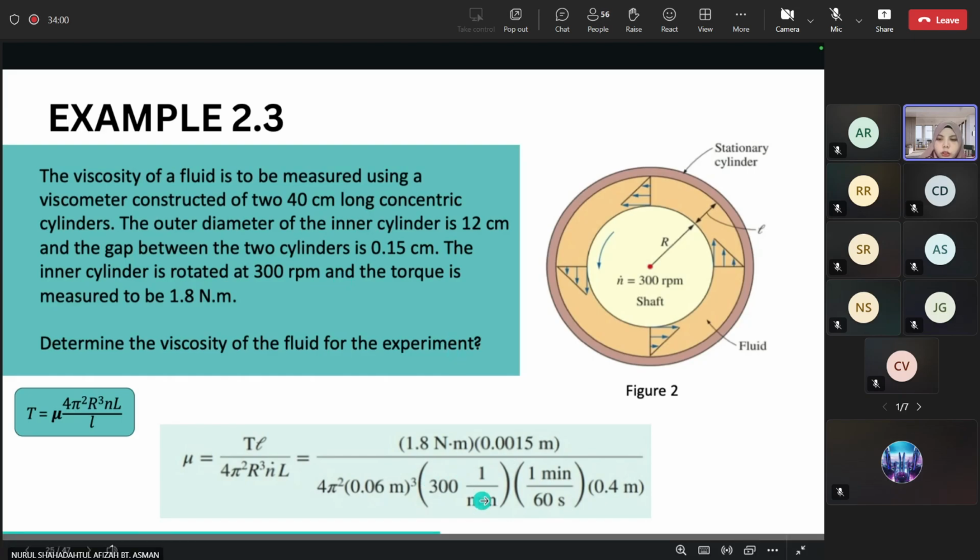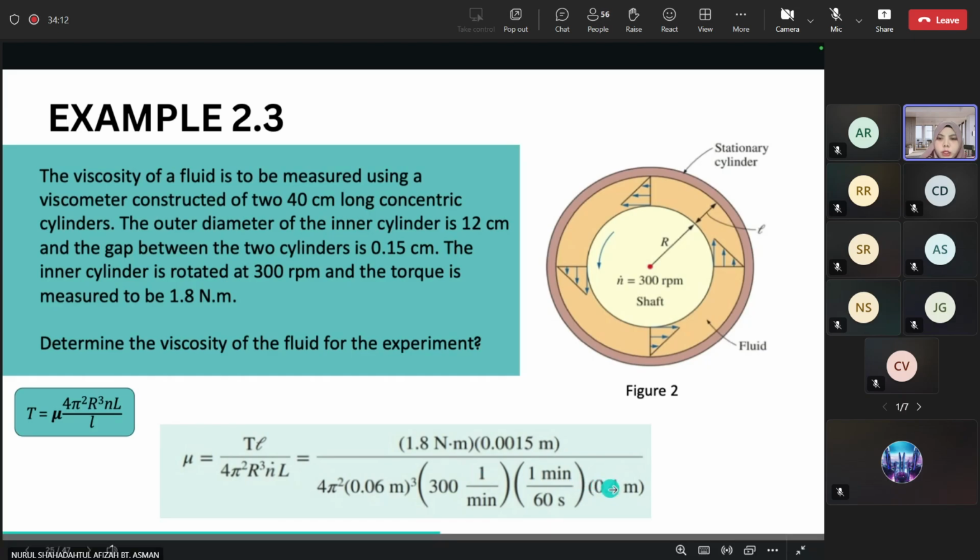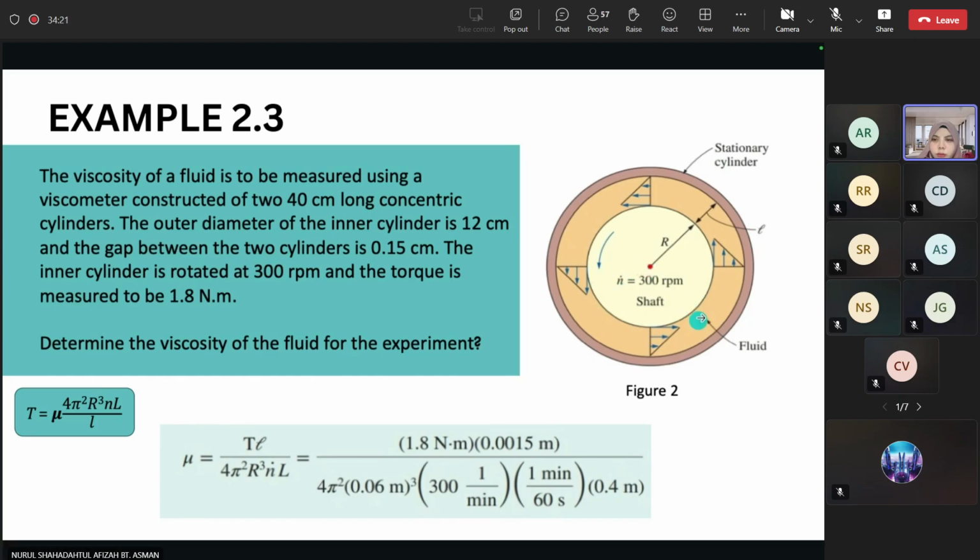And then L, our length, is the 40 centimeter long concentric cylinder, so you need to change to meter, 0.4. Don't forget to change the rotation per minute, the angular speed, to SI. So you get the answer 0.158 Newton second per meter squared.